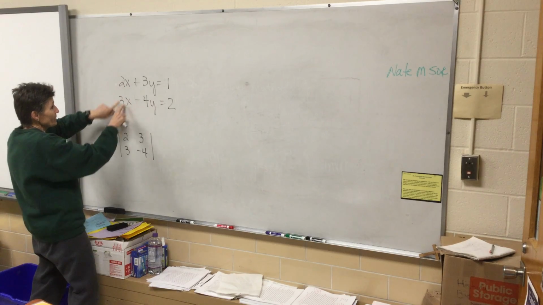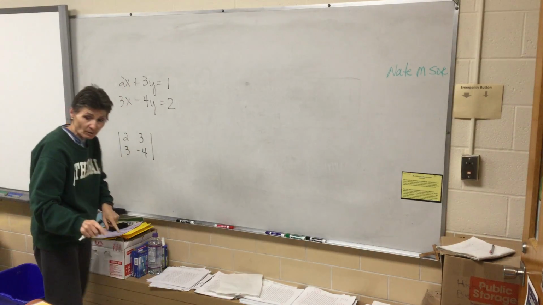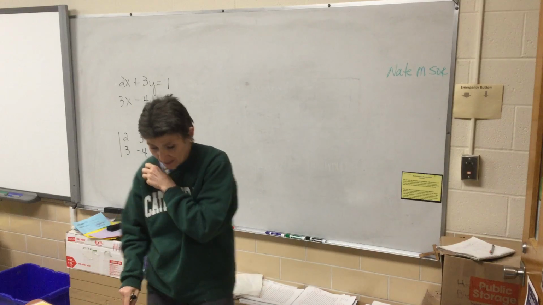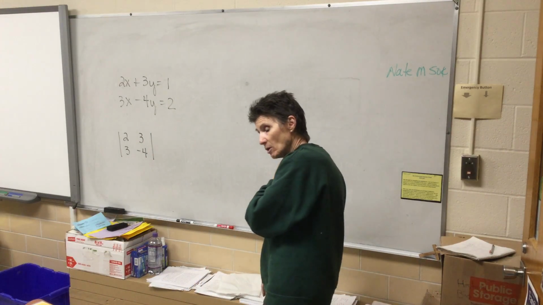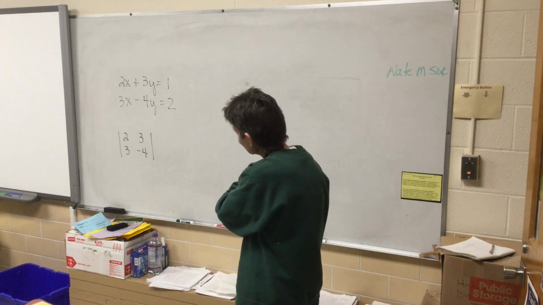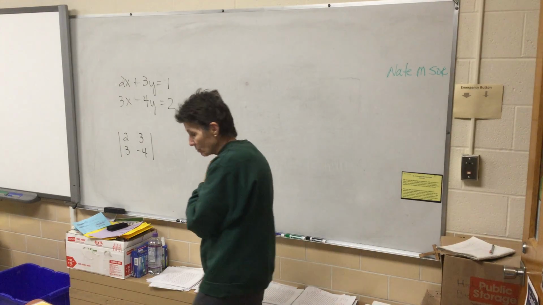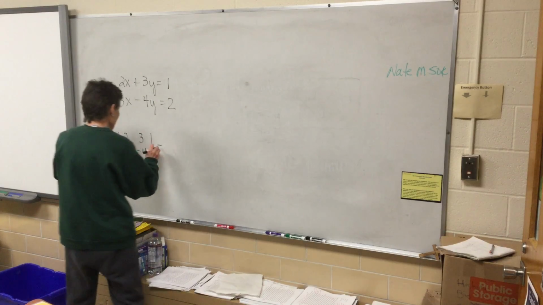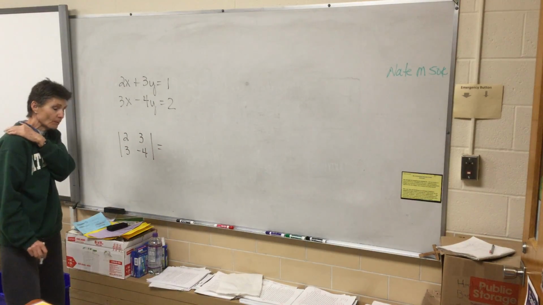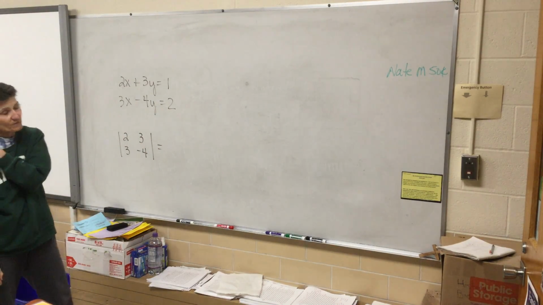They must be in order. Make sure you have everything lined up, x's and y's all lined up, and then you're going to find that determinant. Okay? So shout it out when you think you've got it. What is the determinant of those coefficients?